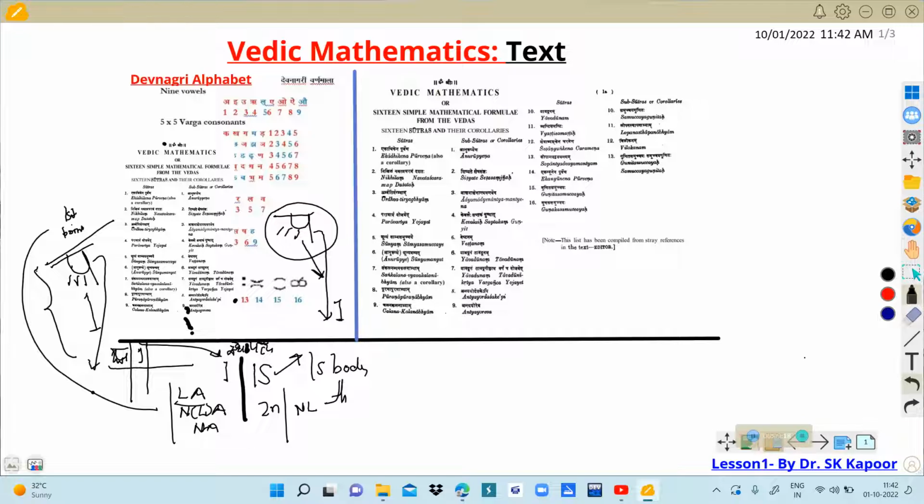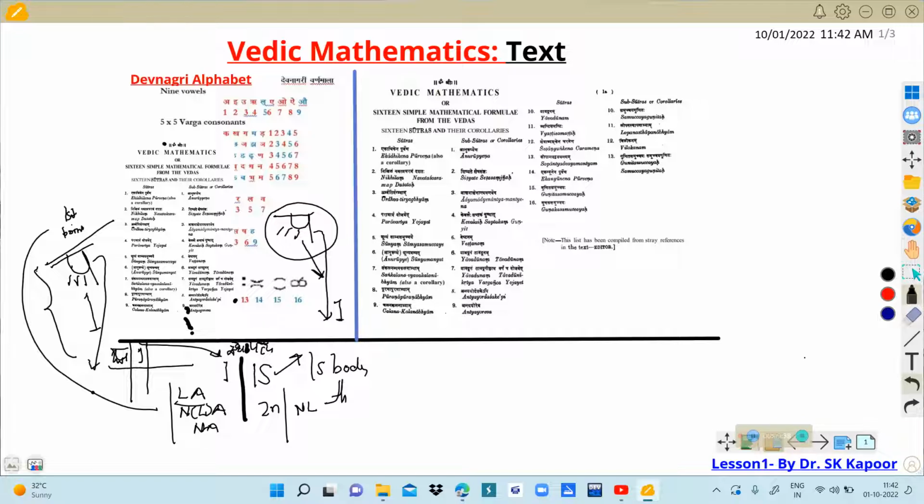E is the second vowel, so it has an association of number value 2. U is the third vowel, and it has association of number value 3. Sequentially we reach the 9th vowel as number 9.